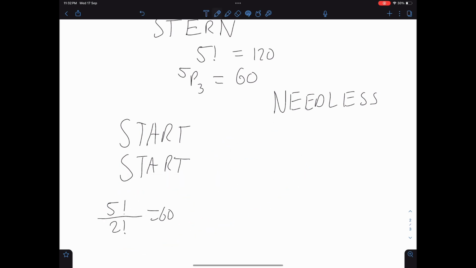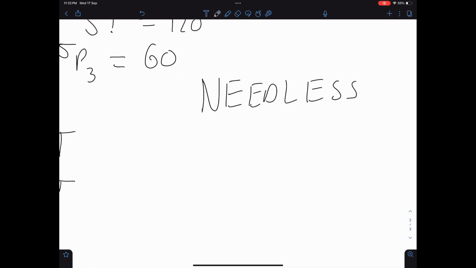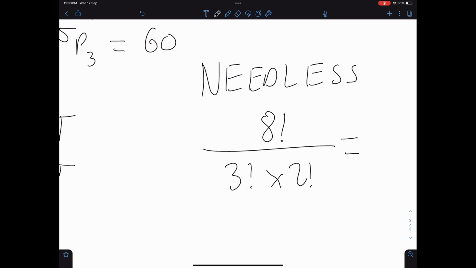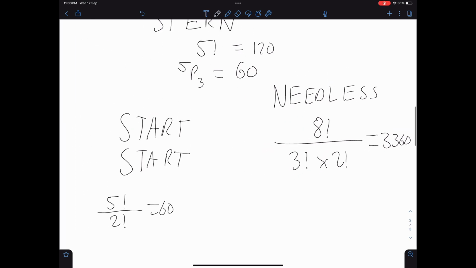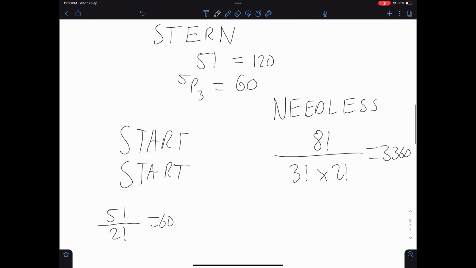Now for an example like needless, we've got 8 total, but we have 3 E's and 2 S's. And that would equal 3,360. Now those are some fundamental ideas for the most part with permutations.